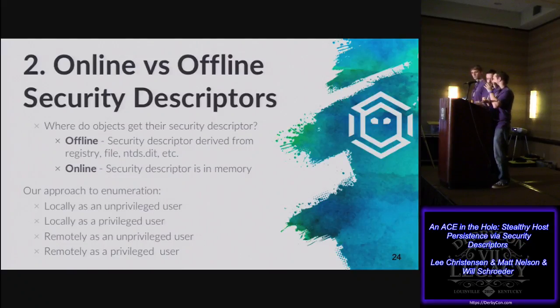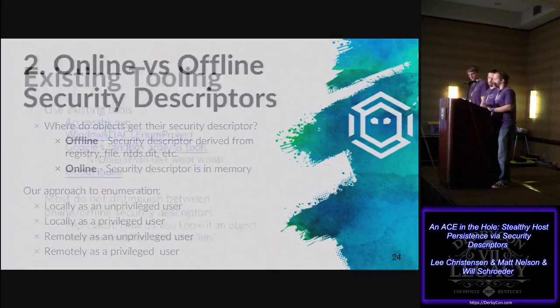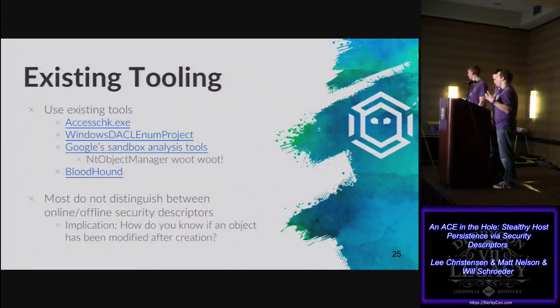Whereas if I want to be maybe a little more stealthy, I could just go into the host and change the security descriptor in memory rather than the offline version. Then that'll only persist as long as the machine is online. Once it reboots, it will no longer be there. So we want to enumerate both cases, and from both a privileged and an unprivileged perspective.